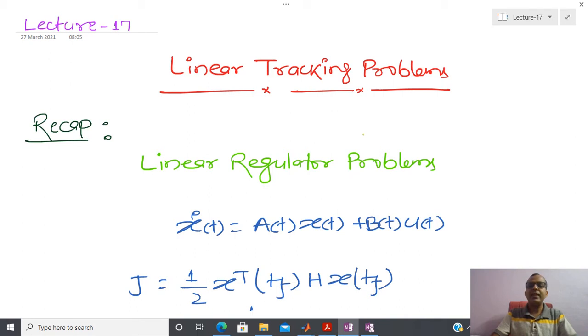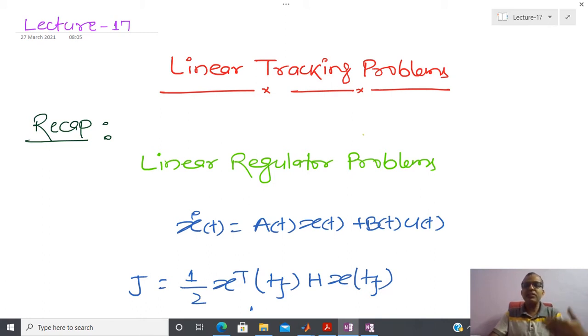In today's lecture, I am going to extend the regulator problem into a more general class of problem, that is called tracking problems. In this class of problem, again my system is linear time varying, and we have to maintain our state close to a desired point, and the desired point may be anything.